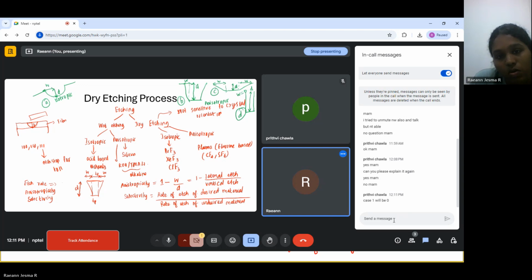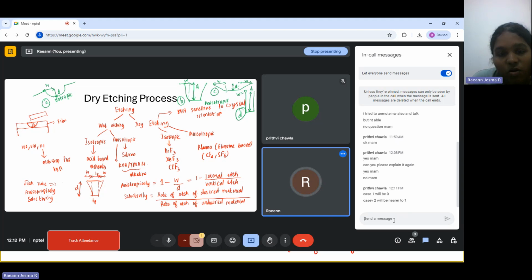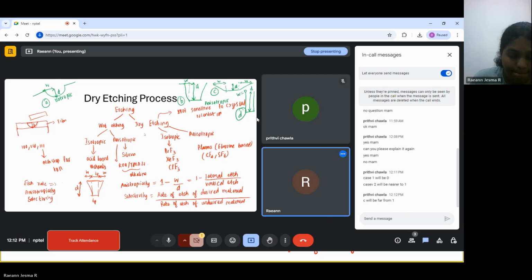Case C, case 3, which is this one, will be far from 1, and it will also be negative because your lateral etch rate is larger than your vertical etch rate.